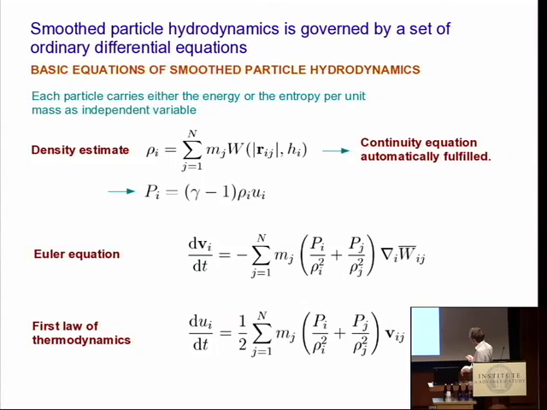Where the pressure terms around the particle i are contributing. This is the neighboring particle j. And then there's the gradient of the kernel function. And this sort of notation here, Wij, means this is basically a kernel between particles at distance Rij between these two particles. And this overbar here means the kernel here has actually been symmetrized.